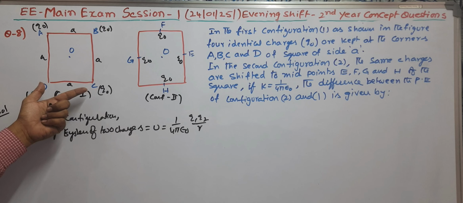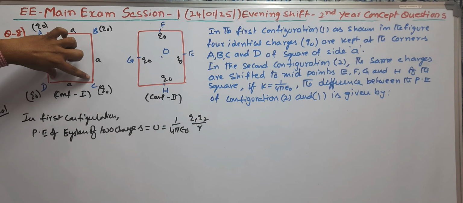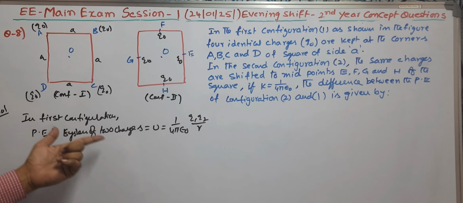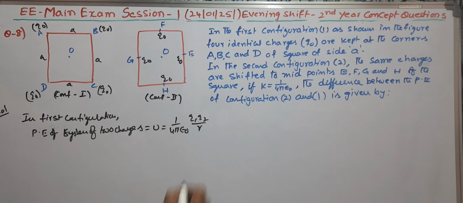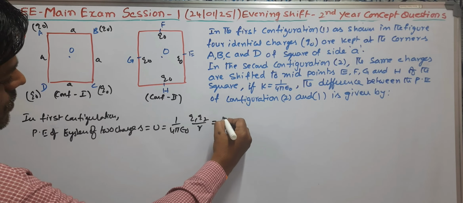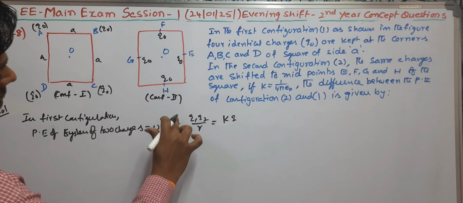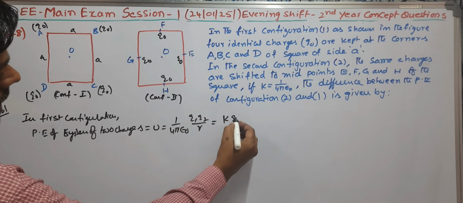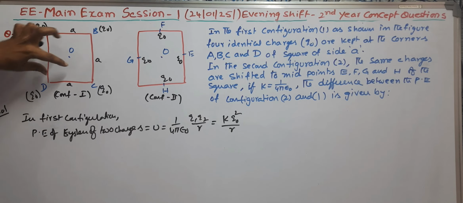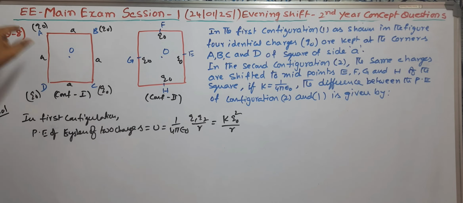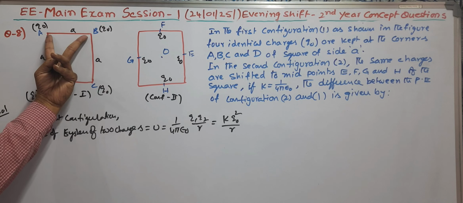Whenever 2 charges are brought together, the work done to make a system of 2 charges is stored in the form of potential energy. Here both the charges are same, so k is 1 by 4 pi epsilon naught, U equals k q naught square by r. This is the potential energy of 2 charges placed at AB at distance A.